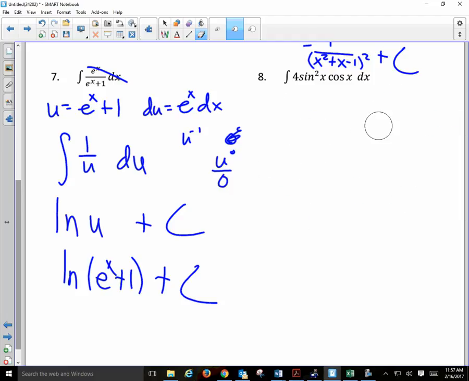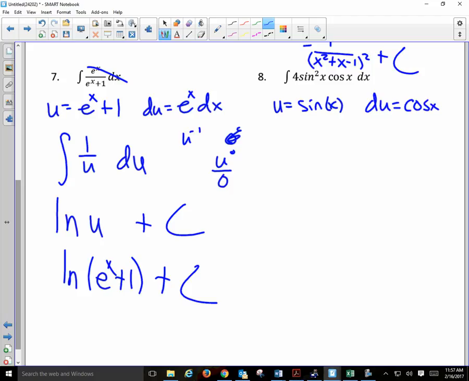If we change our substitution and instead we say u is equal to sine, and I like that because sine is being squared, sine sits on the inside, then du is equal to cosine of x dx. I need a 4, so 4 du is equal to 4 cosine of x dx.